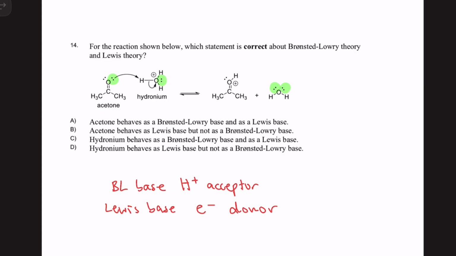Well, I see here that the acetone has gained a hydrogen atom, it's gained a proton, and it came from the hydronium. So it accepted a proton, so that makes it a Bronsted-Lowry base. So it is both a Bronsted-Lowry base and a Lewis base. So the correct answer is A.